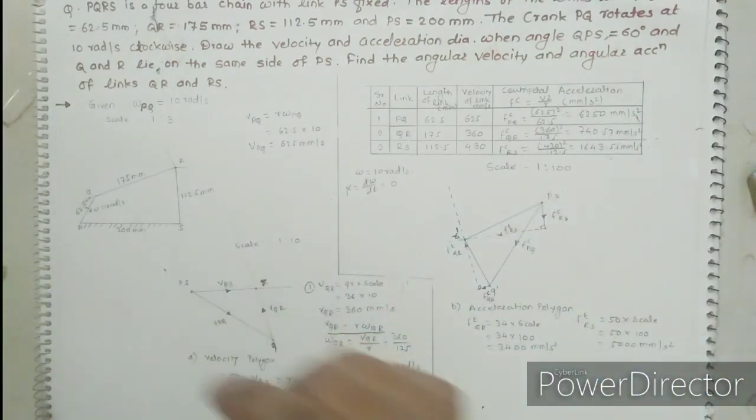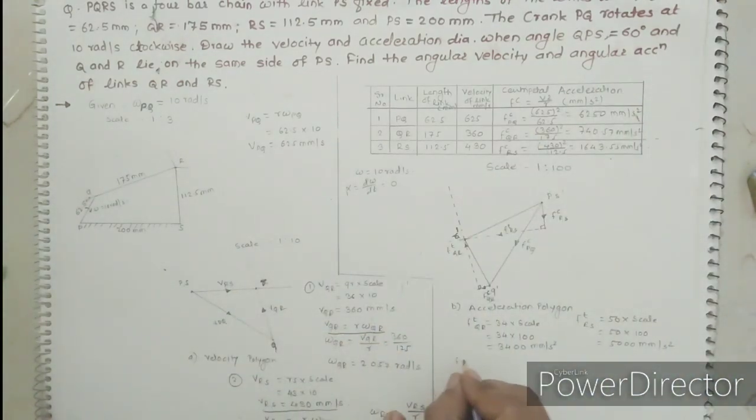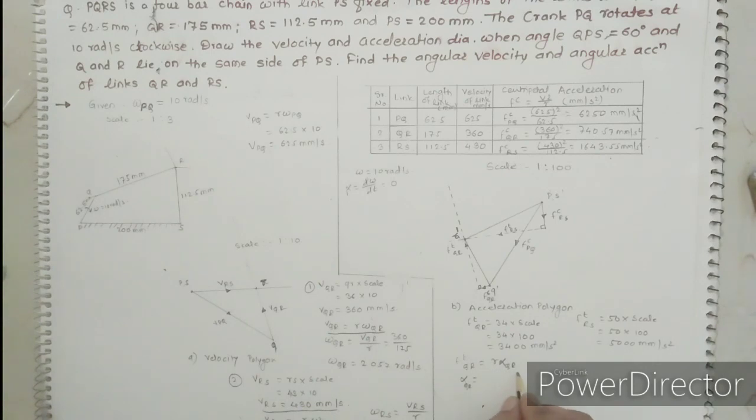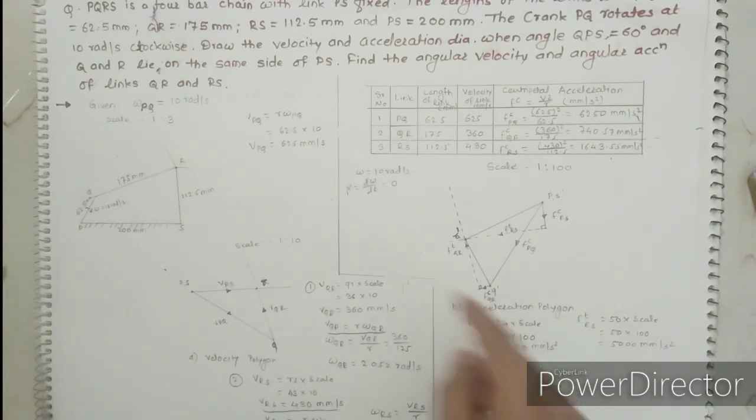Now for calculating the angular acceleration of the links, FTQR equals R alpha. Therefore alpha QR, the angular acceleration of link QR, equals FTQR upon R, where R is the length of the link. FTQR is 3400 divided by the length of QR, which is 175.